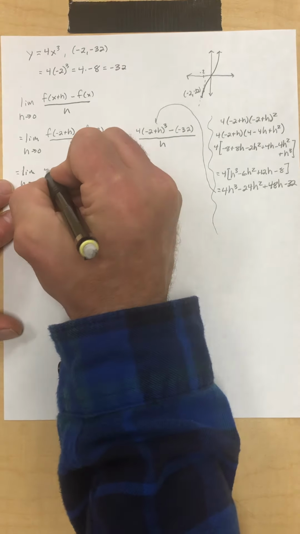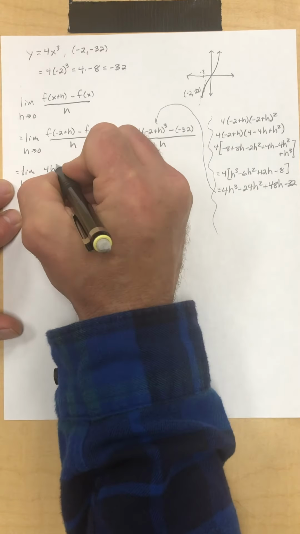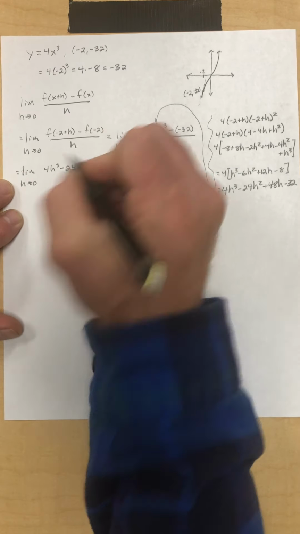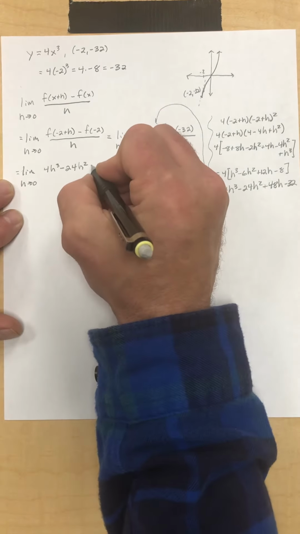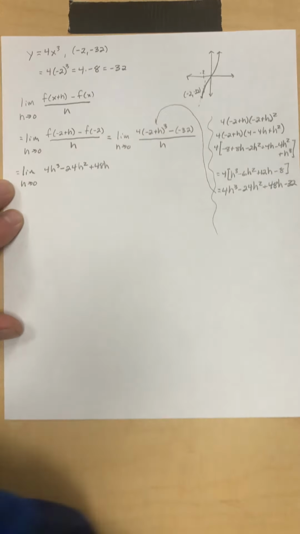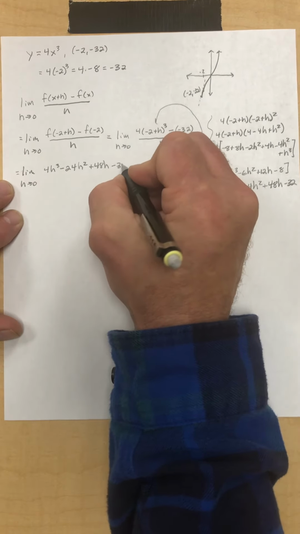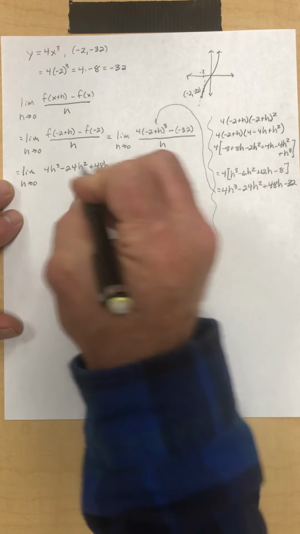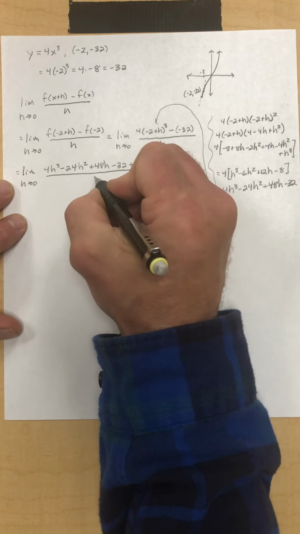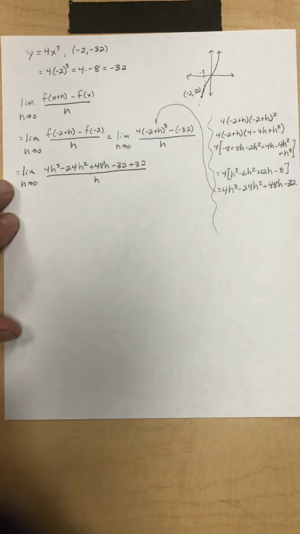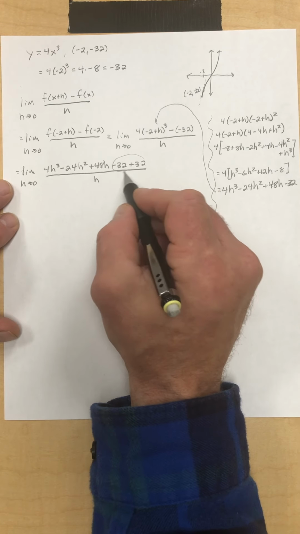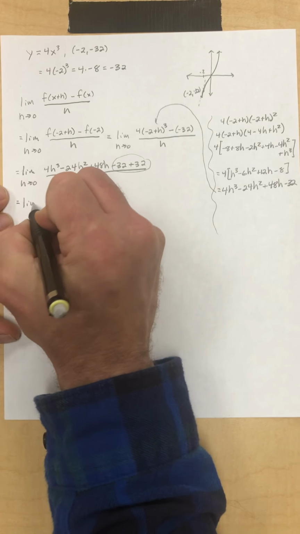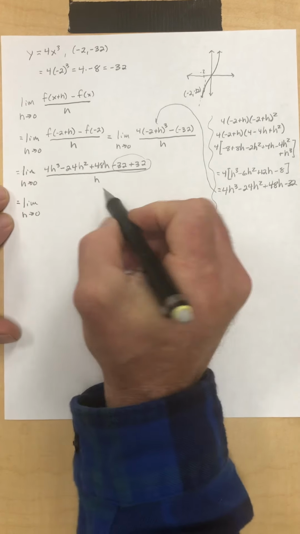I have 4h cubed minus 24h squared plus 48h minus 32. And then notice I have a minus a negative 32, so that's plus 32, all over h. Notice these guys cancel off right here, and I'm just left with the limit as h approaches 0 of all this.